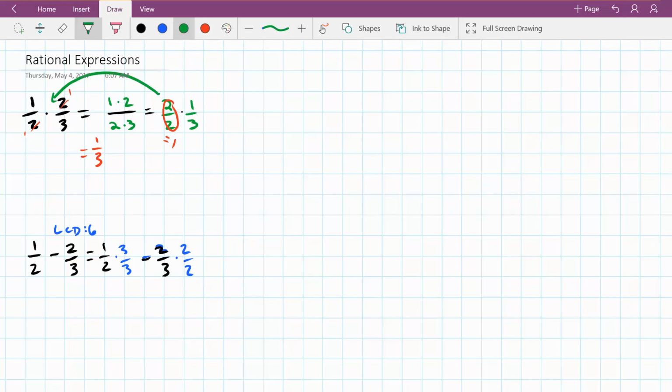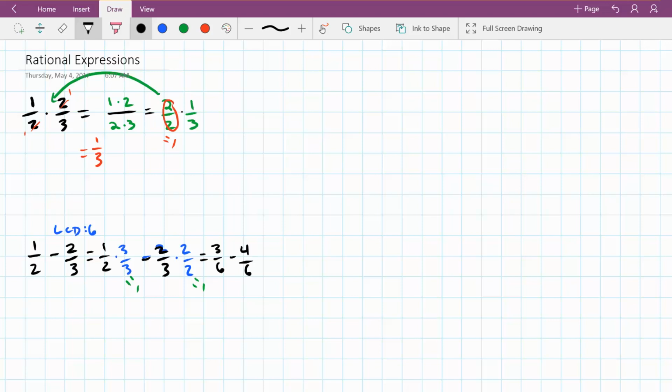Now, quick side note, why we could do this: 3 over 3 is just 1, right? 2 over 2 is just 1. We're multiplying by a form of 1, so we're just changing the way it looks, not changing the problem whatsoever. So this is now 3/6 minus 4/6.